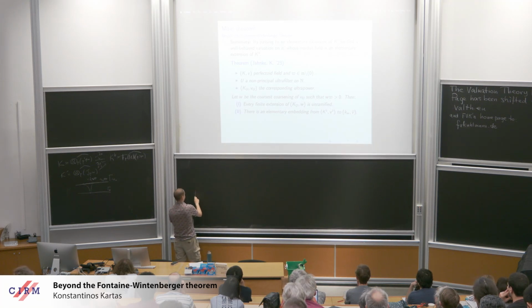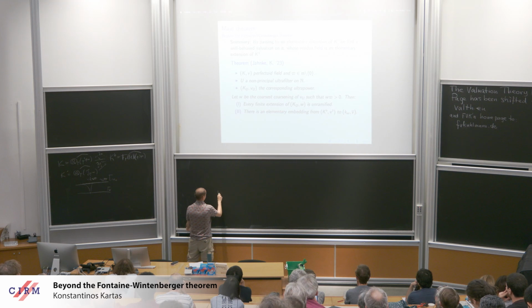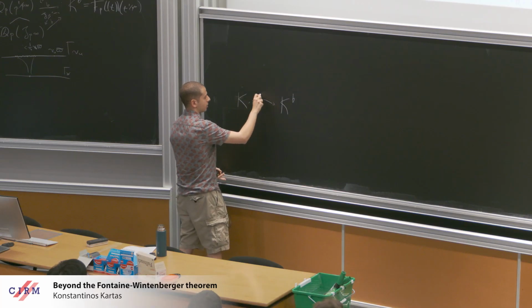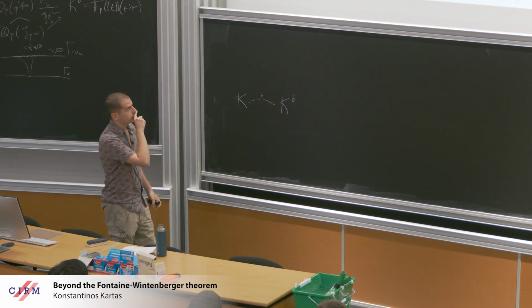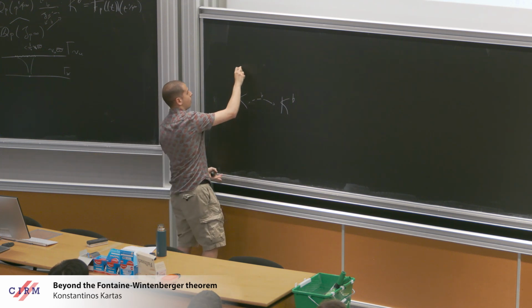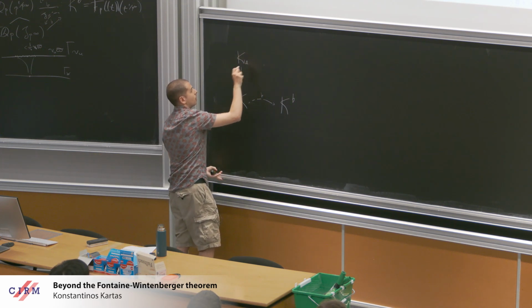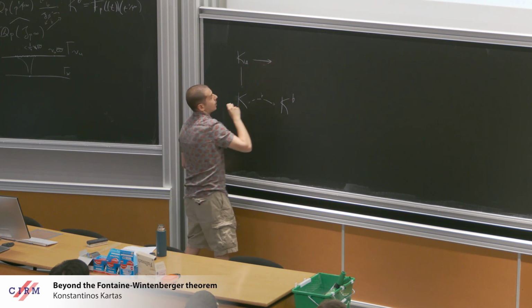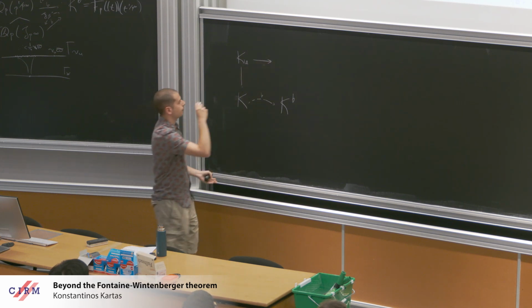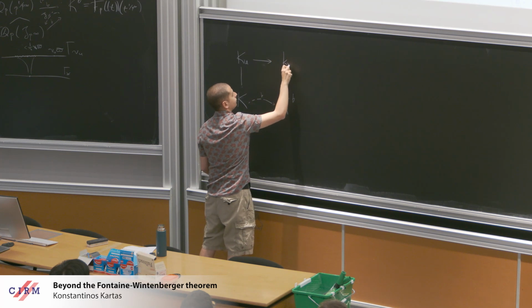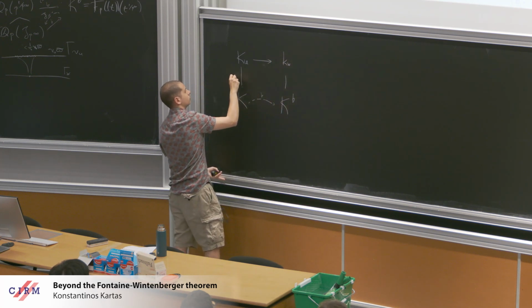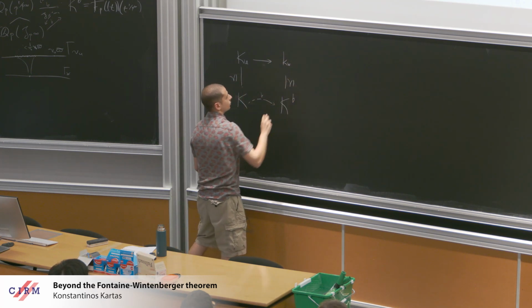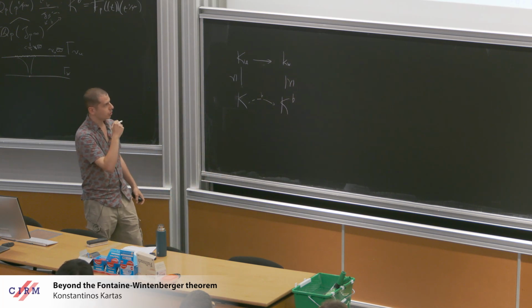We have K, we have K flat, and there's this mysterious operation called the tilt. But after passing to this ultrapower, this mysterious operation becomes a place.